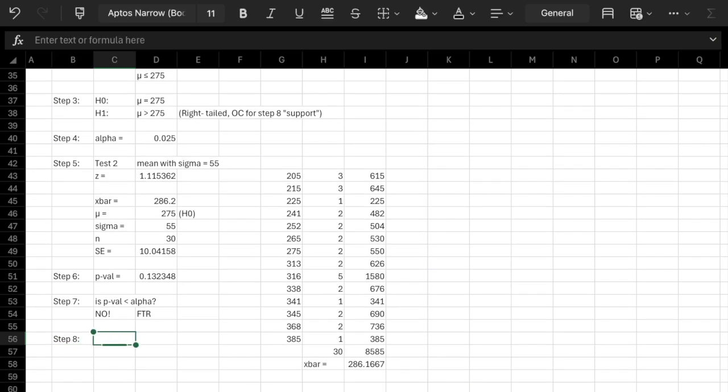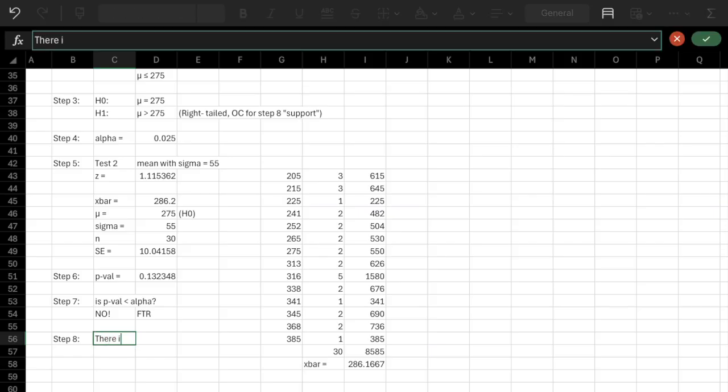I don't have evidence to reject, so I'm going to say there is insufficient evidence. Okay, what's the strength of my evidence? P equals 0.132. Not very strong evidence, right? Because that P is the probability of getting data like this is not all that small. There is insufficient evidence to support. Remember, I'm going to use support.